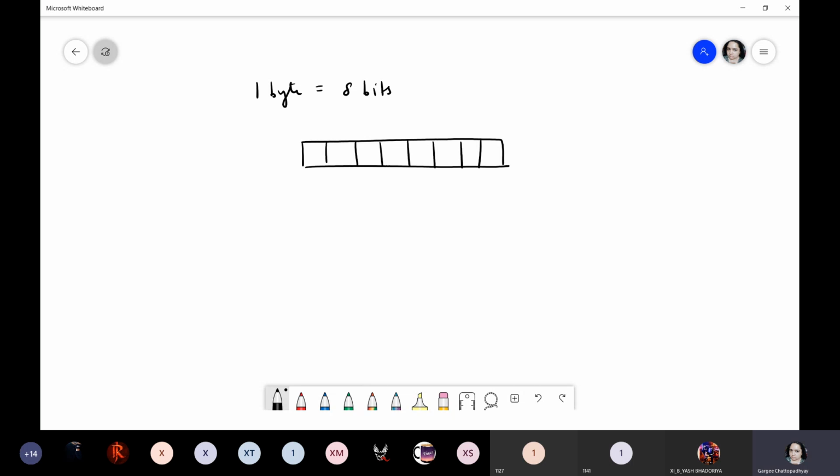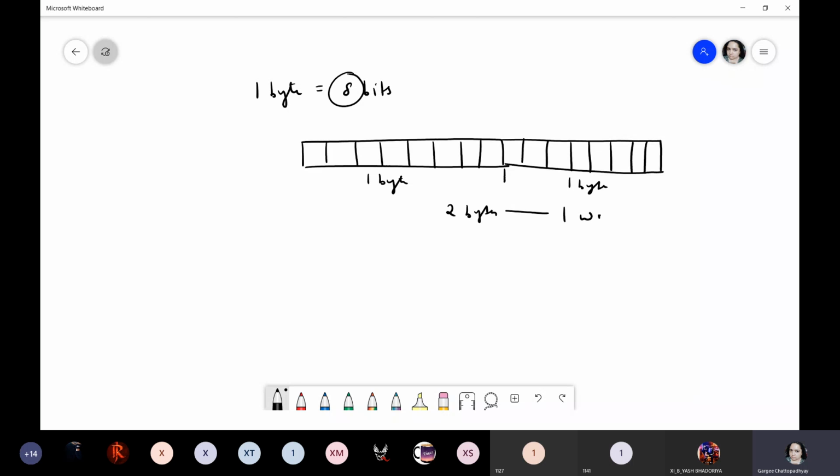The minimum requirement is 8 bits, but you can increase the word size to add 1 more byte. So this becomes 1 byte, and this also becomes 1 byte. So it makes 2 bytes, and 1 word consists of 2 bytes.